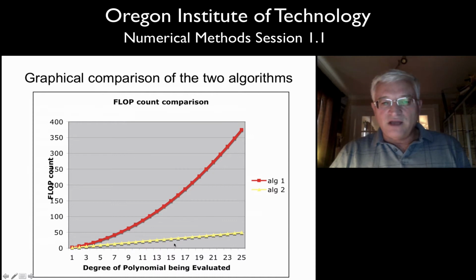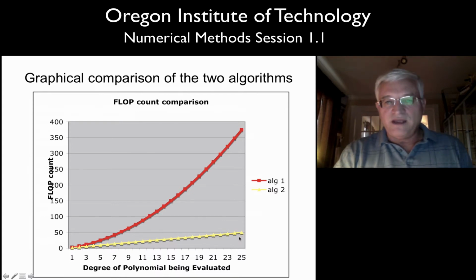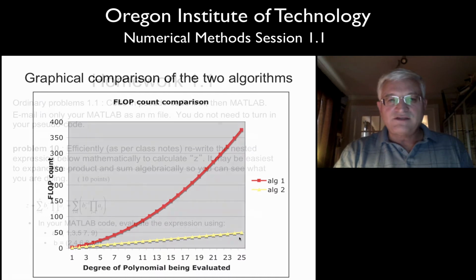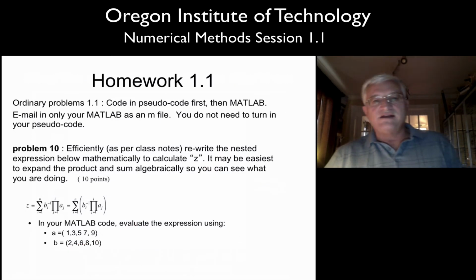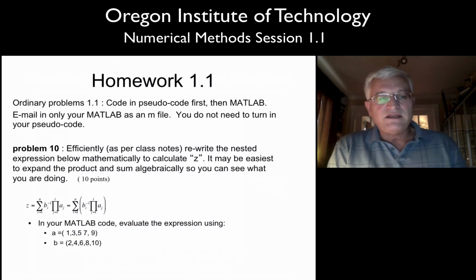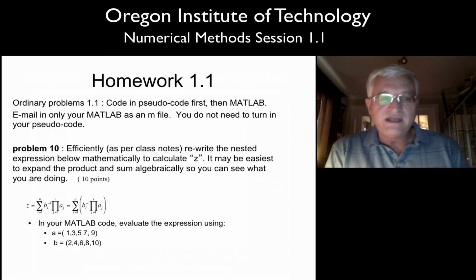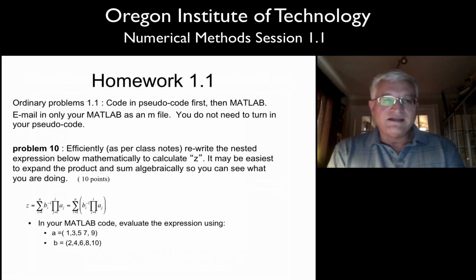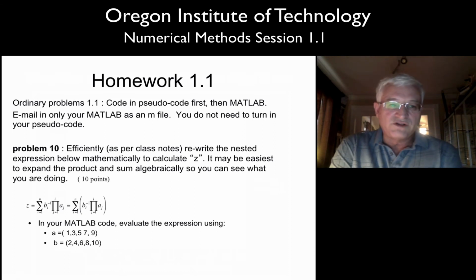But this yellow line represents the computations for the second algorithm. They're producing the same value, but the second algorithm is way more efficient. That's going to be a theme in this class. Efficiency is going to be a big deal. Saving memory, saving computation time is going to all be an essential part of the course.